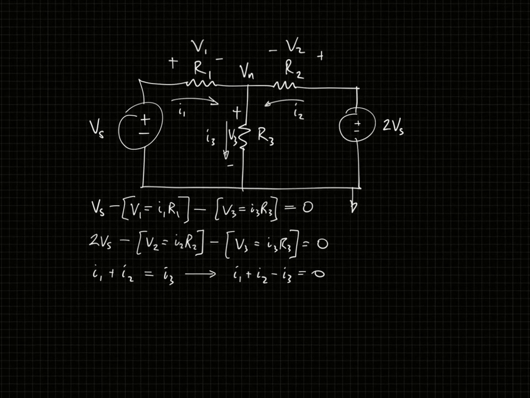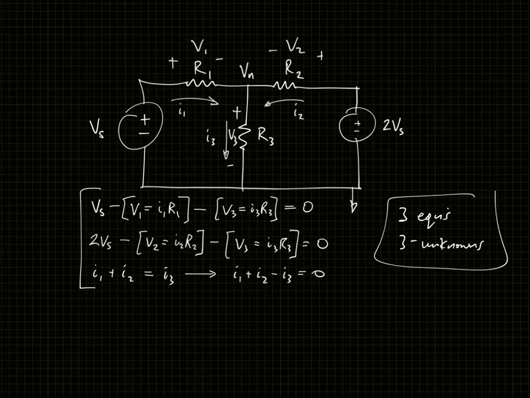Okay, so now I have 3 equations and 3 unknowns. That means I'm pretty much done. I just have to do algebra now to solve for the 3 unknowns, because I have 3 equations and 3 unknowns.